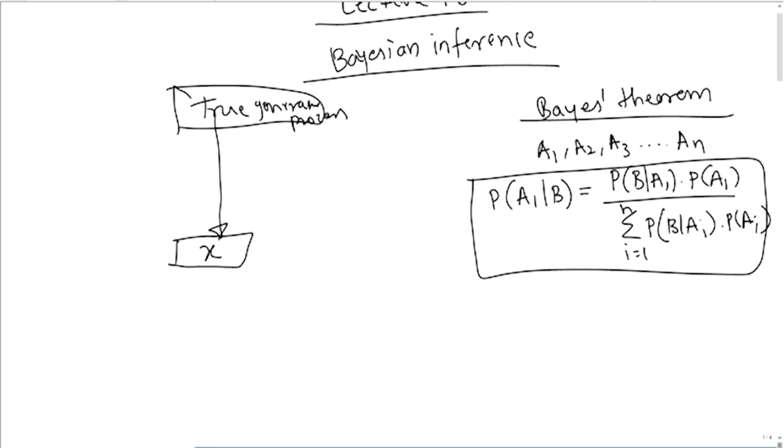And how do we make that inference? We make some assumption that the observed data comes from a probability density function or mass function f of x theta. So x is coming from f of x theta.